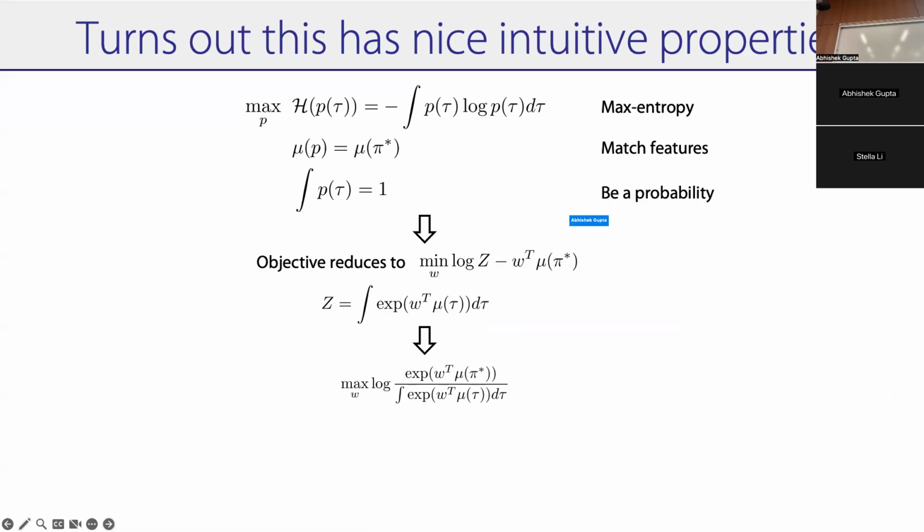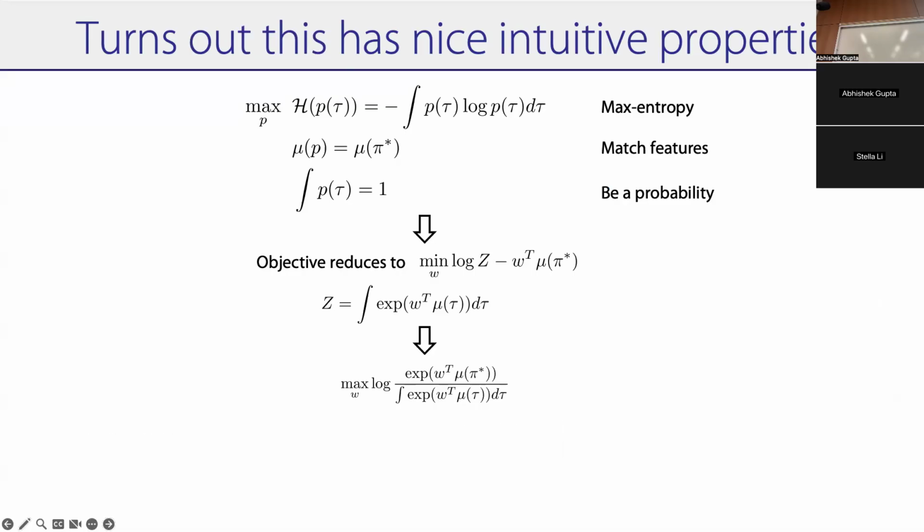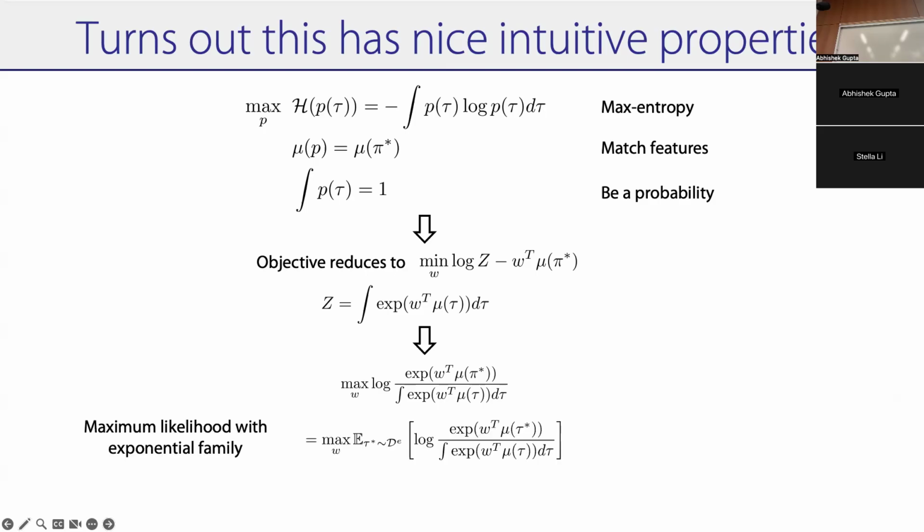But the vibe here that you really need to get is that this is a distribution over trajectories where the likelihood of a trajectory is proportional to its W transpose mu. And as we saw earlier, if your reward is defined as W transpose phi, and mu is defined as your sum of features, then W transpose mu is nothing but your reward.